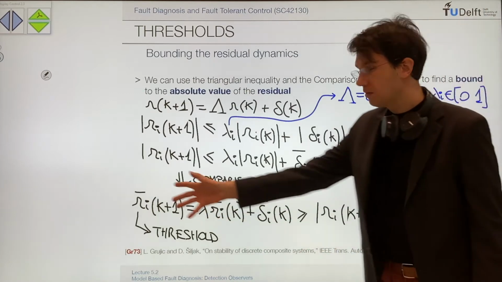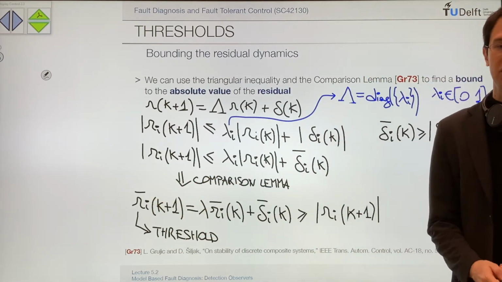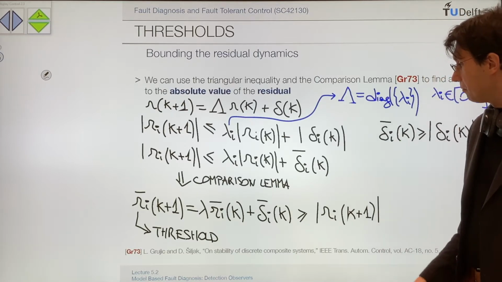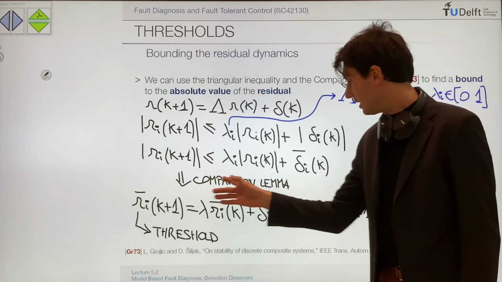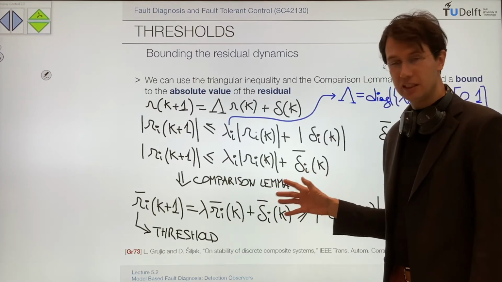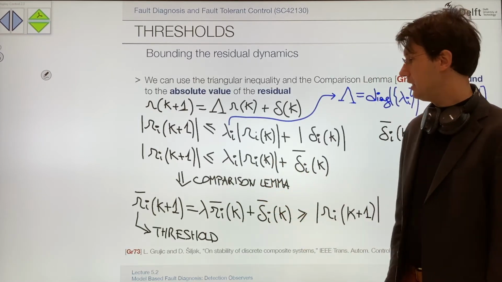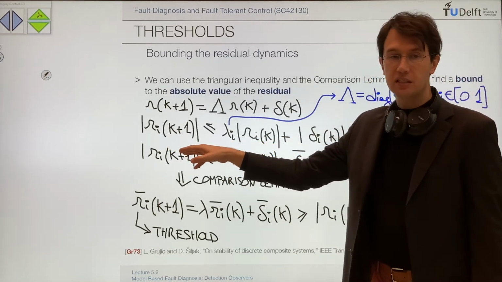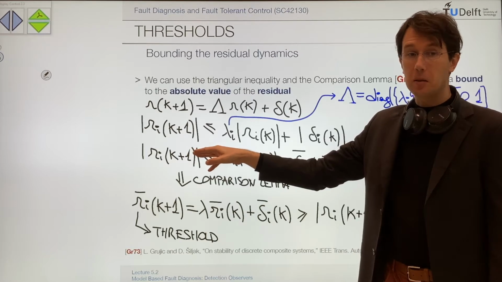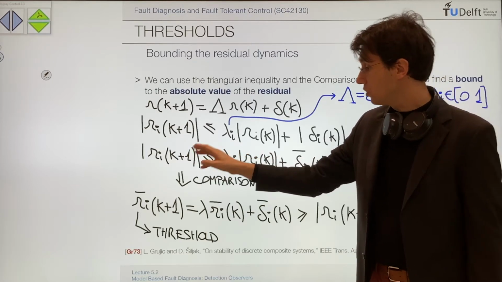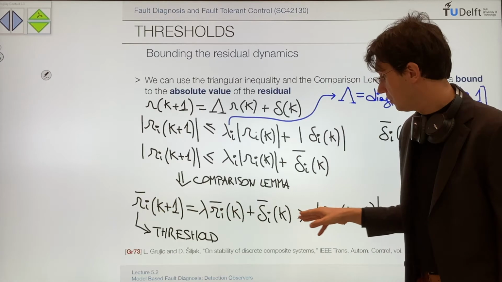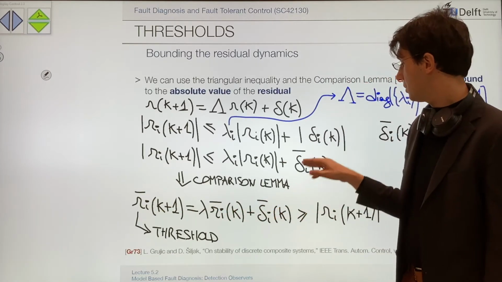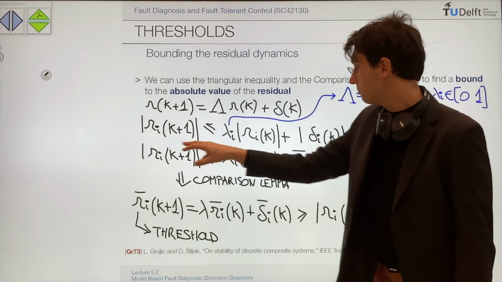So is this magic? Is this a way of solving a problem assuming that we already solved it? Well, not really. So the comparison lemma actually tells you that you can bound the solution to a difference equation by the solution of another difference equation where each term individually is an upper bound to the terms of the original equation.